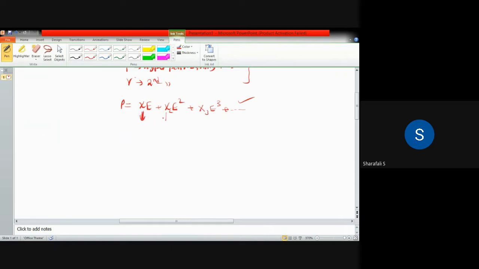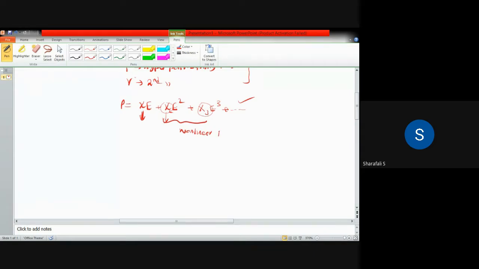Then we have the terms with higher-order electric fields, that is E square, E cube, etc., along with the coefficients chi2, chi3, chi4, etc. These are called nonlinear terms.